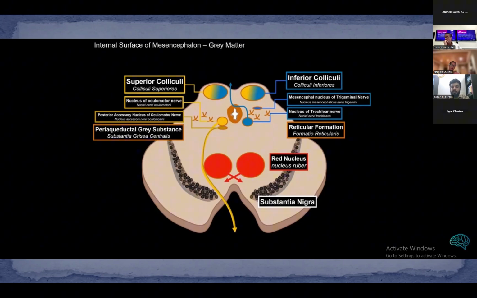This is an important relay station for the pathway important for motor function, extrapyramidal movements, connected with the cerebellum and with the pons through the rubropontine and rubrocerebellar tracts, which are important for coordinated movement in the extrapyramidal tracts.